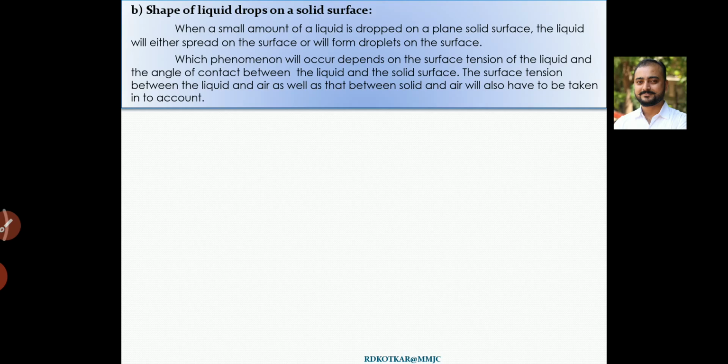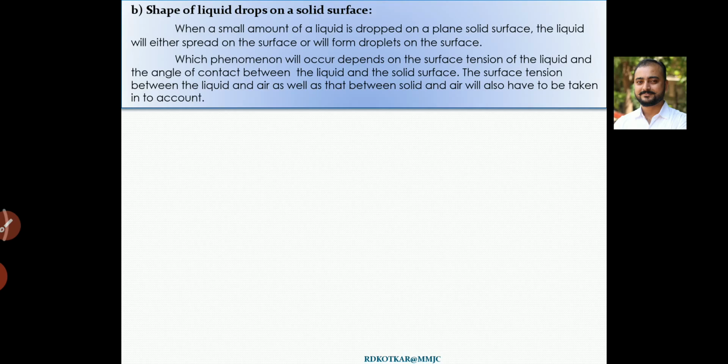Whether there is a formation of a spherical droplet, a concave meniscus, a convex meniscus, or a plane surface, all these things depend on the surface tension of the liquid and the angle of contact between the liquid and the solid surface.